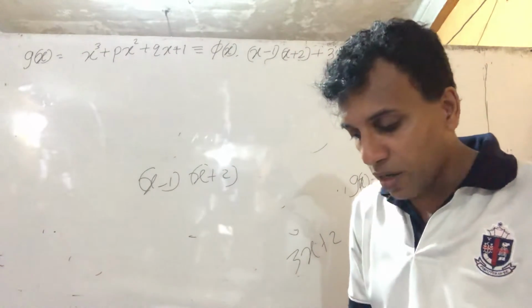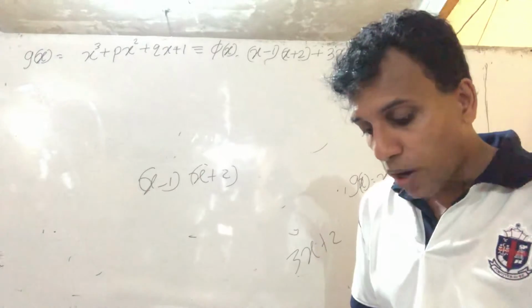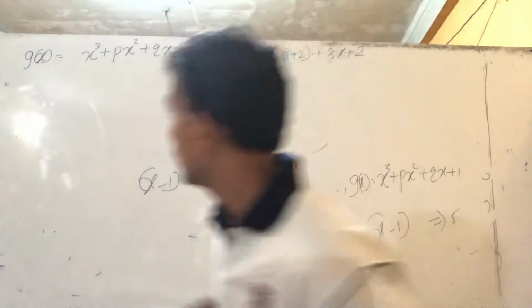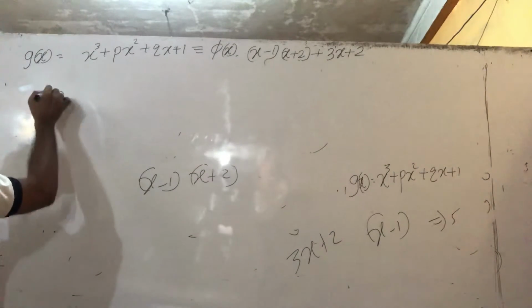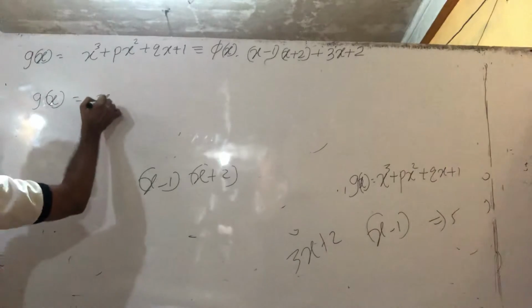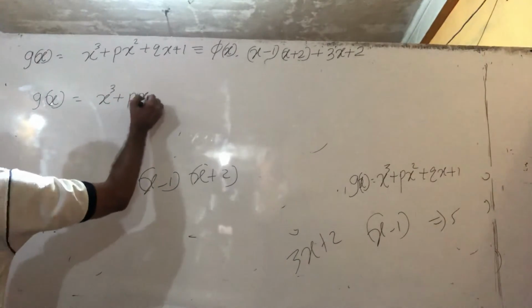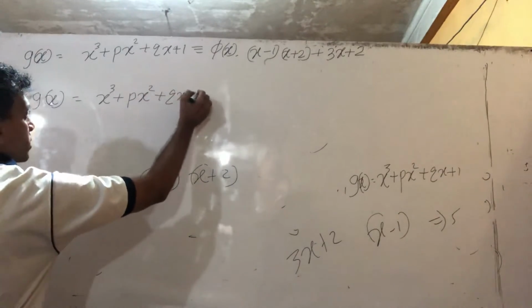Later they ask to show the remainder when the same g(x) is divided by x − 1. So write that also. g(x) = x³ + px² + qx + 1.